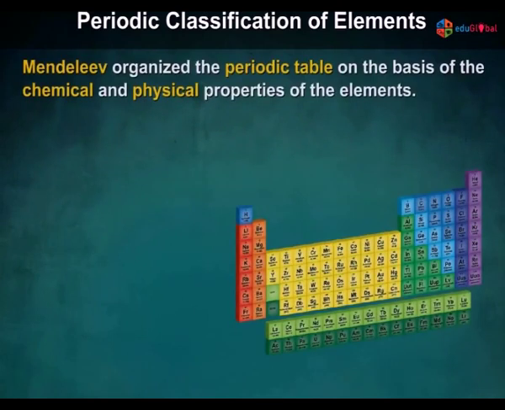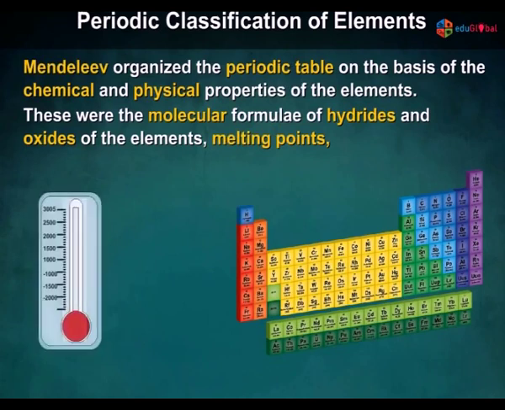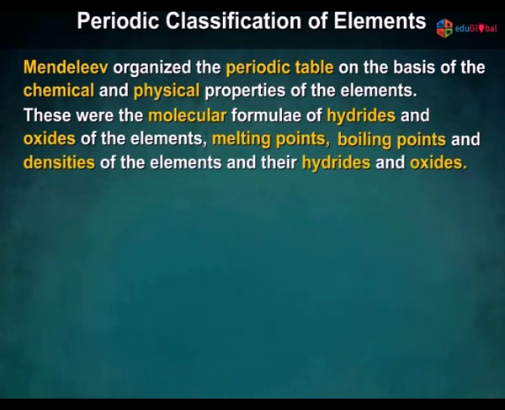Mendeleev organized the periodic table on the basis of the chemical and physical properties of the elements. These were the molecular formulae of hydrates and oxides of the elements, melting points, boiling points, and densities of the elements and their hydrides and oxides.